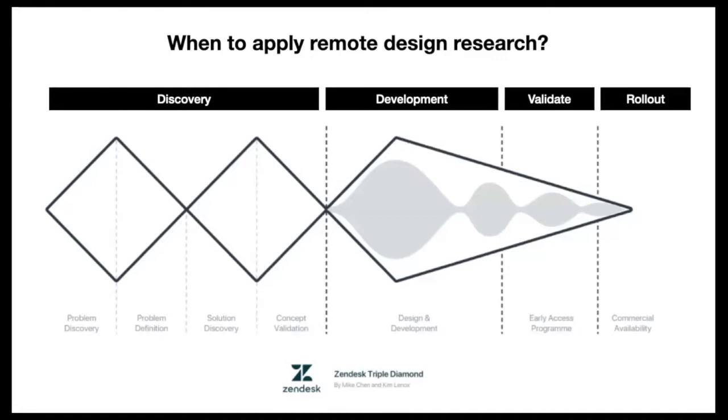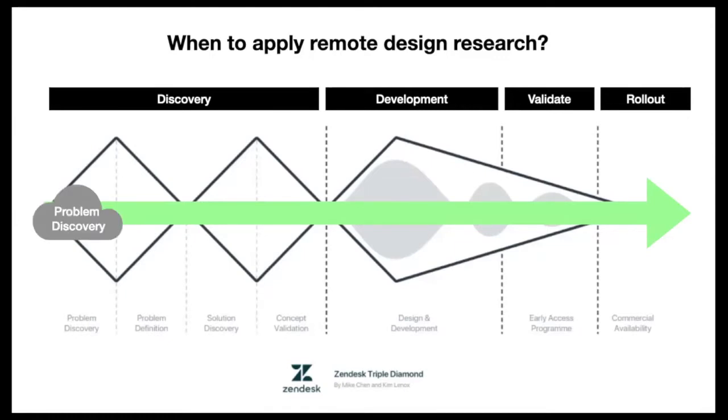So in my experience, remote research is fully capable in most of the research scenarios, except in the problem discovery stage. Because the problem discovery stage requires a lot of contextual observation to understand the participants' cultural background, unexpected behaviors, and environment details. So I would say the remote research is a useful complementary tool in the discovery phase at the moment.